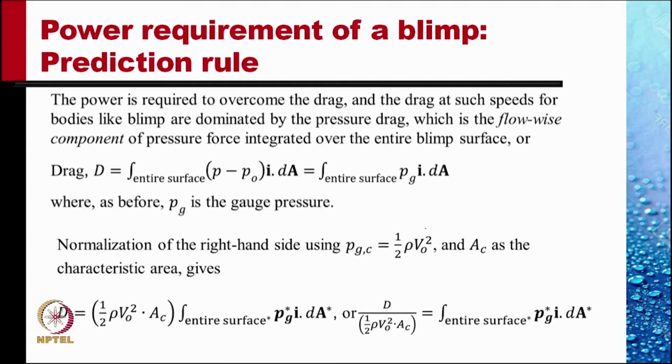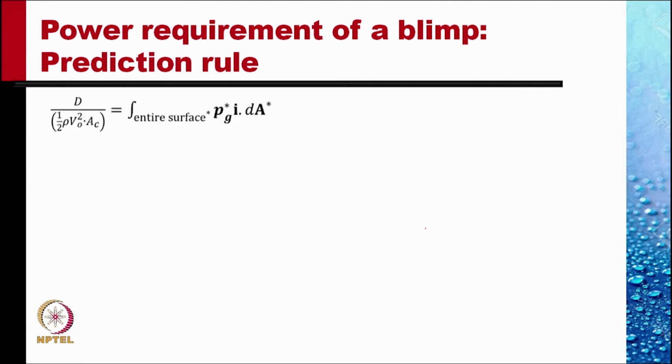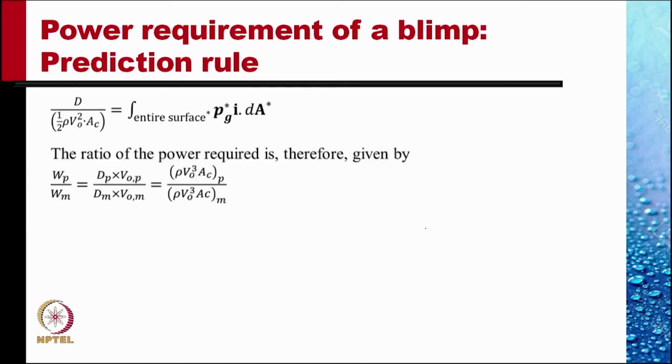So if the flows are similar, the model flow and the prototype flow are similar, then the value of this integral would be identical in the two cases. So drag divided by 1 half rho V naught square times the characteristic area should be the same in the model as well as in the prototype. The right hand side is the same, so the left hand side must be the same.